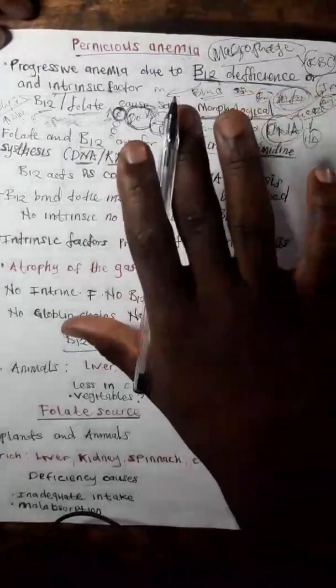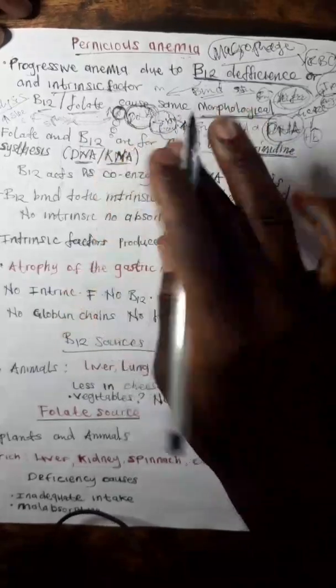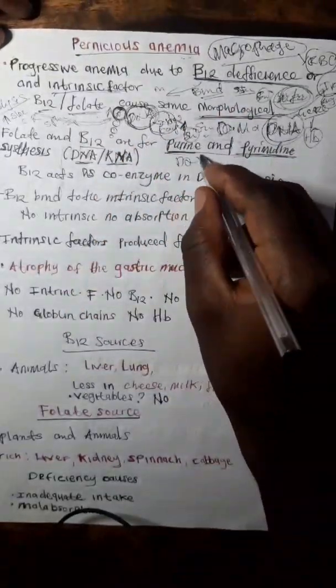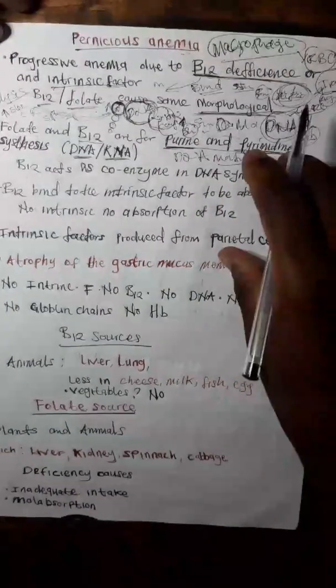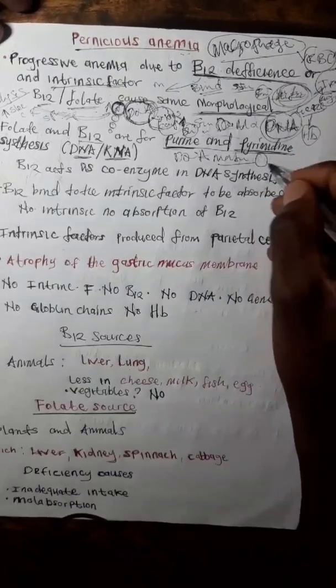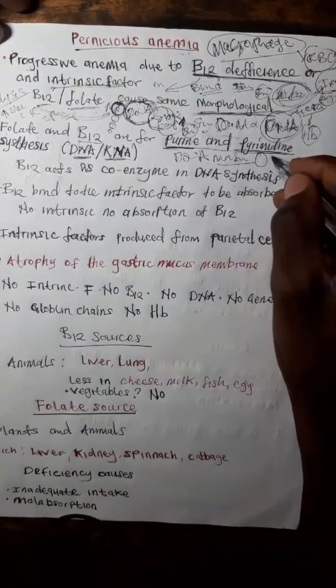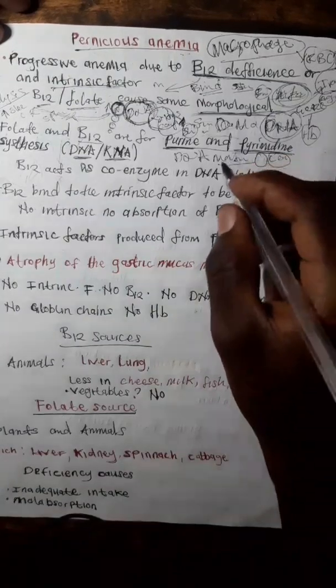So without vitamin B12 and folate, no DNA methylation. Since there is no DNA methylation, the cell won't mature. Since the red blood cells won't mature, they still remain big.